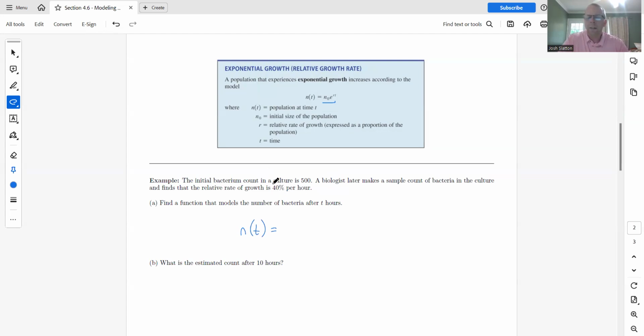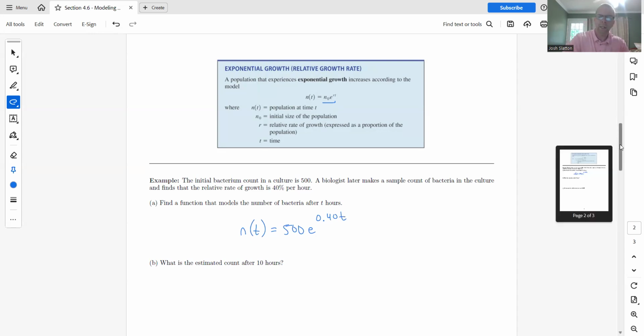Now, in this case, it doesn't say we're looking at the doubling period or anything like that. Well, actually, if it has this percent, that tells you they're thinking in terms of exponential. So N naught would be 500, that's the initial amount, e to the, now we're growing, so it's positive 0.4 t.